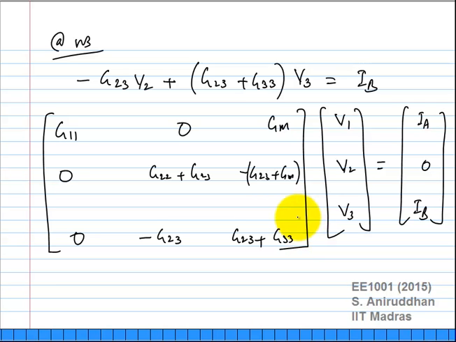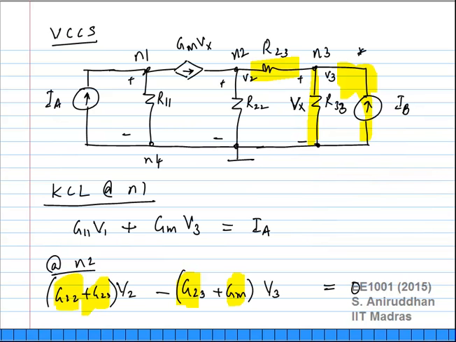So now you still have a conductance matrix, except instead of just G11, G12, G23 and so on, you also have these extra terms cropping up corresponding to Gm, right? How do you figure out what Gm to put here, and how do you figure out the signs and the values? Gm is the proportionality constant of the voltage controlled current source, and the controlling variable is V3.